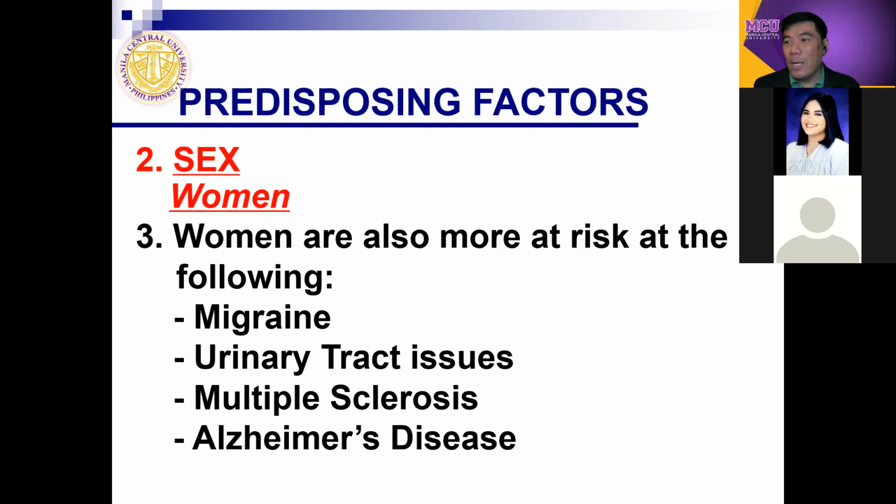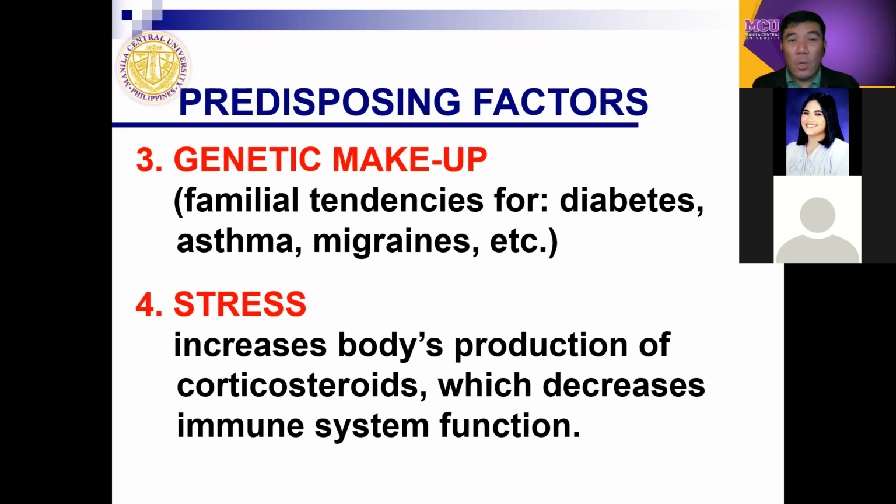How about Alzheimer's? Alzheimer's refers to situations related to memory, the loss of memory and thinking processes. Women are more prone to Alzheimer's disease. Genetic makeup is usually for familial tendencies, and I have mentioned predisposing factors for genetic makeup.